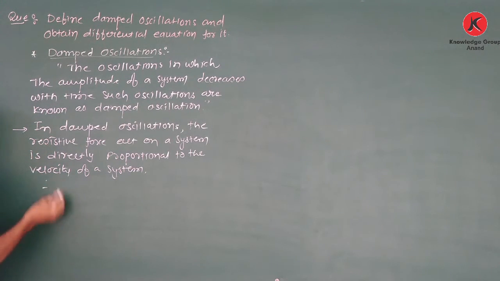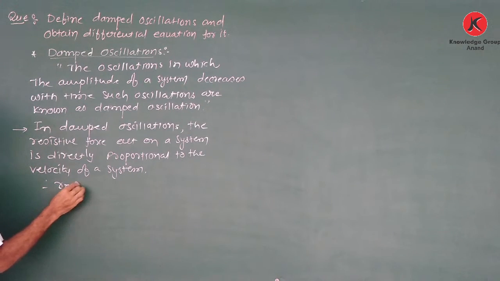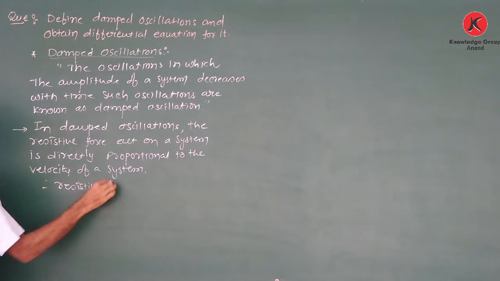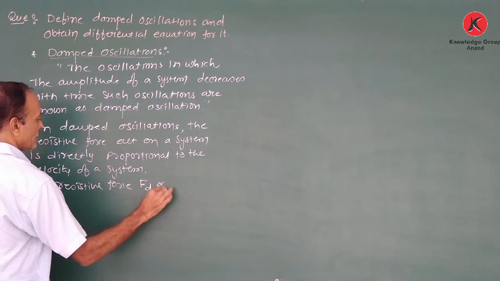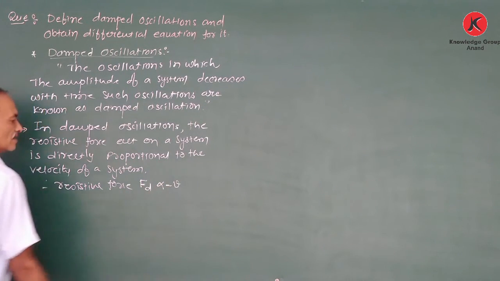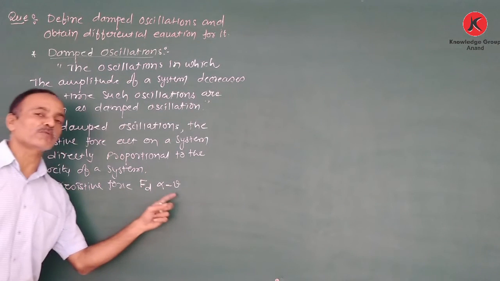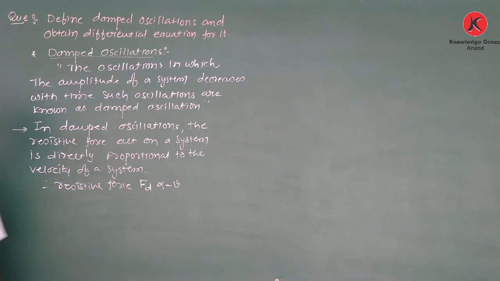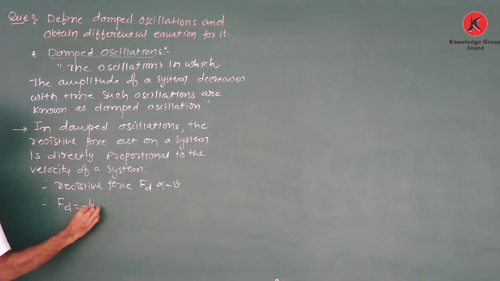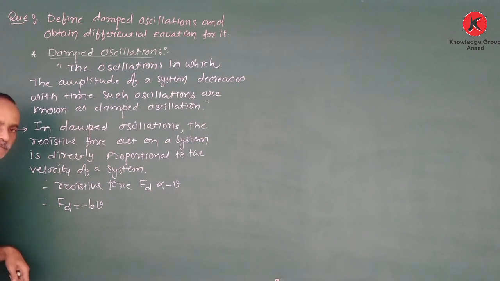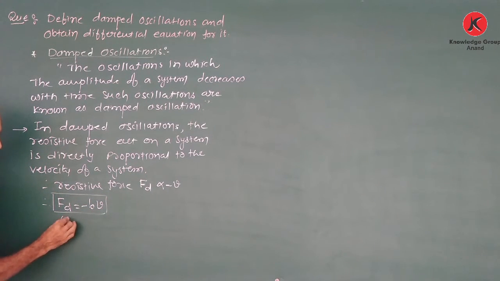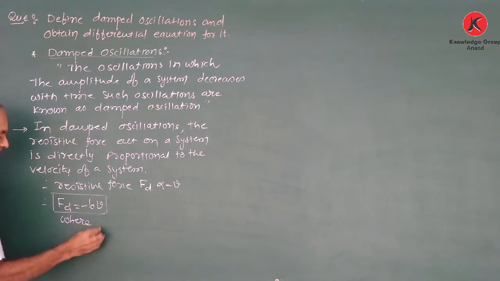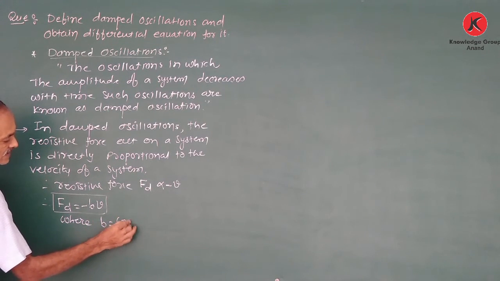Therefore, the resistive force FD is directly proportional to the velocity and also in the opposite direction of velocity. Therefore, FD is equal to minus b into v, where b is the proportionality constant.